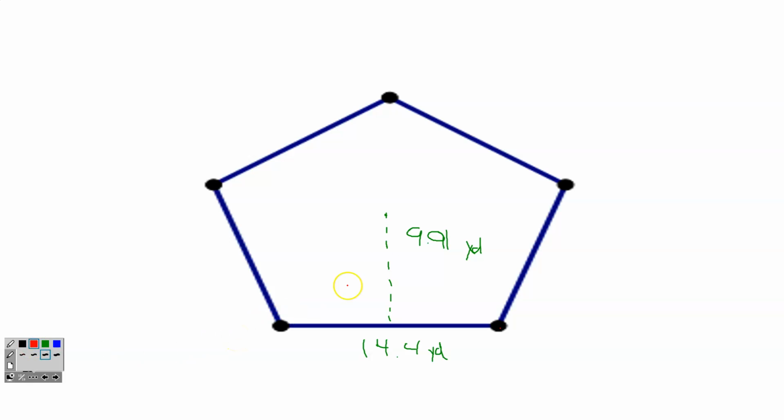Okay. Hopefully you've given it a shot. I'm going to go ahead and draw my triangles. Again, I'm going to do my best to draw them straight. There we go. That's not too bad.